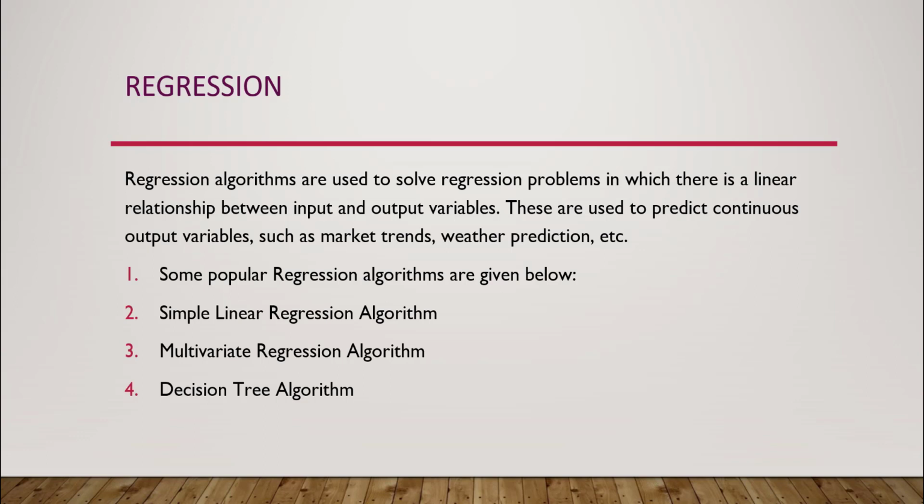For example, if you want to predict the price of Bitcoin, you have the previous data from the past 10 years, and you will give that previous data as an input to your machine learning model, and your model will extract the features from the past 10 years, and it will give you the prediction for the next day, for a week, for a month. Okay, so the most popular algorithms that we mostly use are linear regression, multivariate regression, and decision tree regressor.